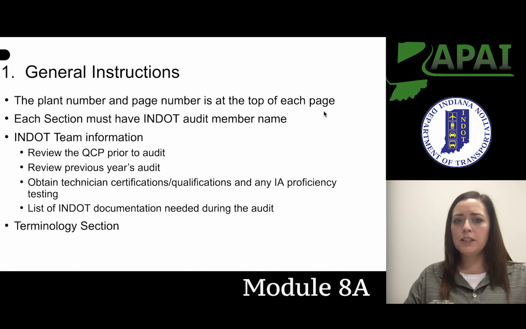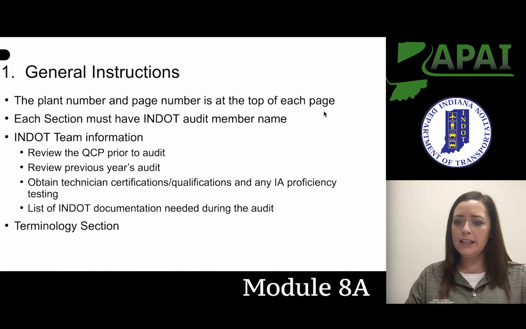Section 1 covers the general instructions. This includes the plant number, and the page number is at the top of each page. Typically, if a district will do multiple audits in a week, you don't want the different audit packets to get confused and mixed up together.